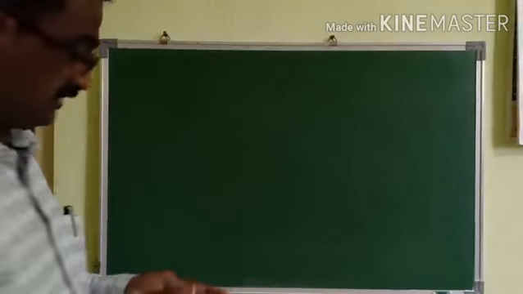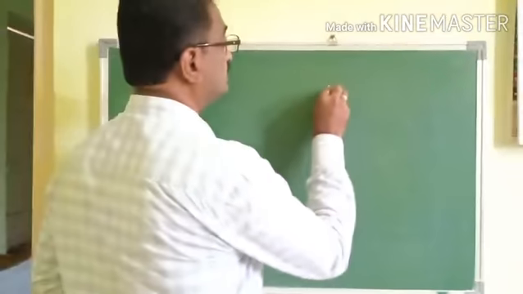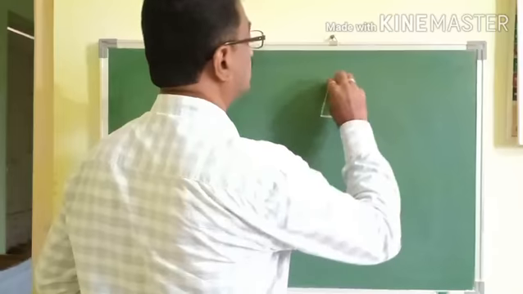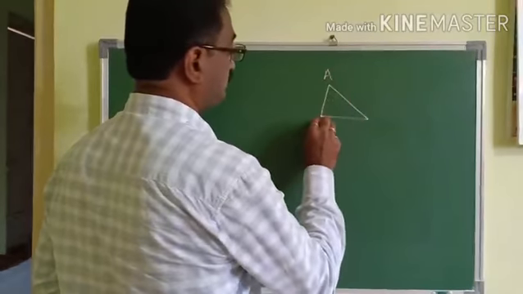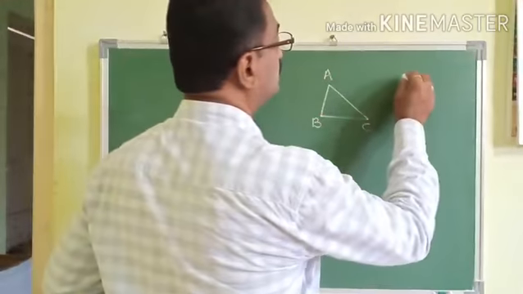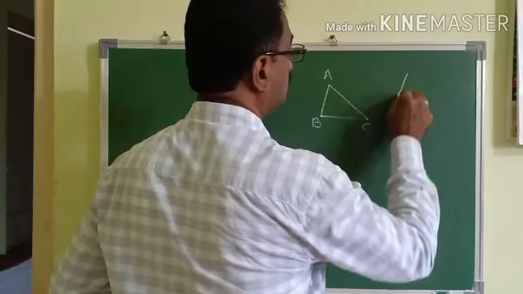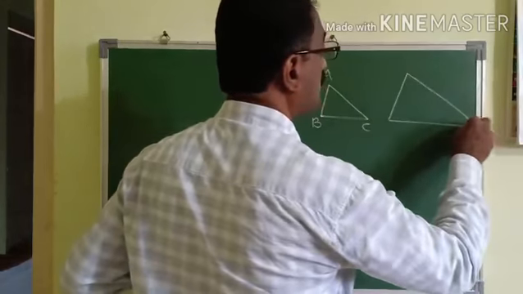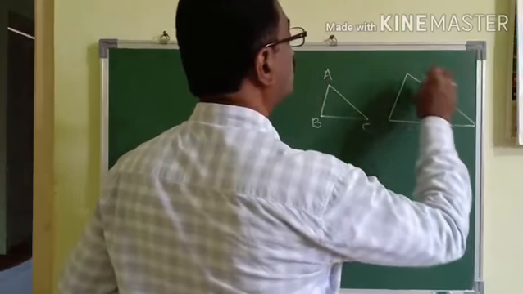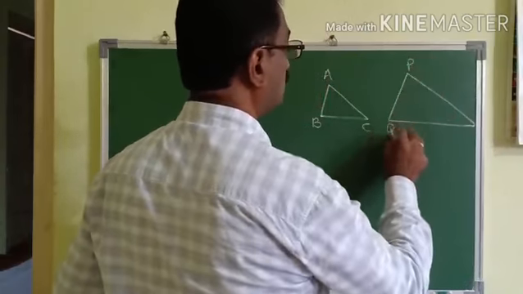If we have two triangles, say this is triangle ABC and this is another triangle PQR.